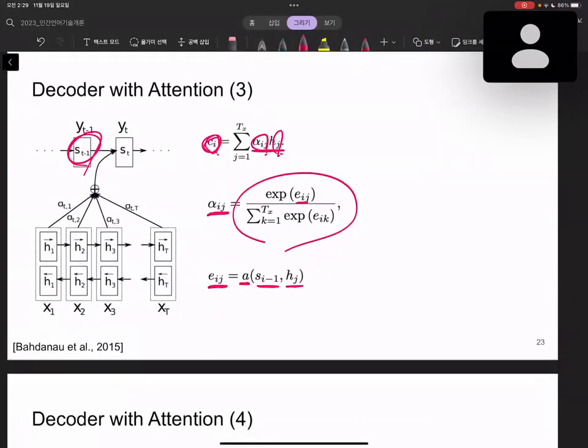And this a is a linear transformation, I think any function.